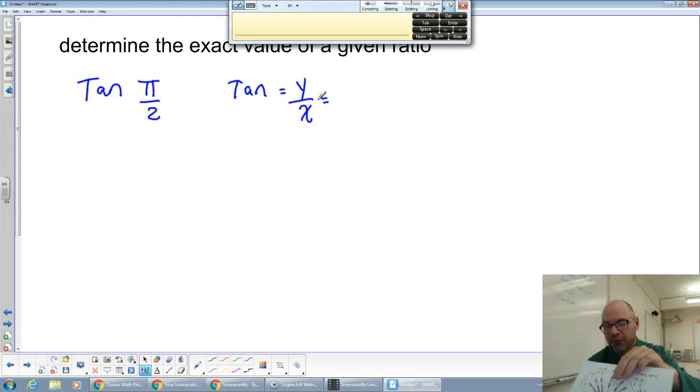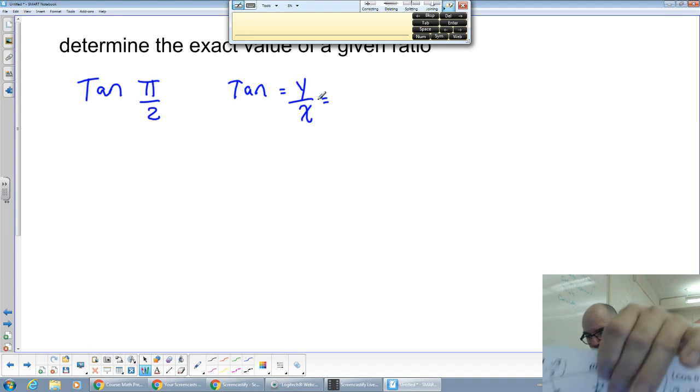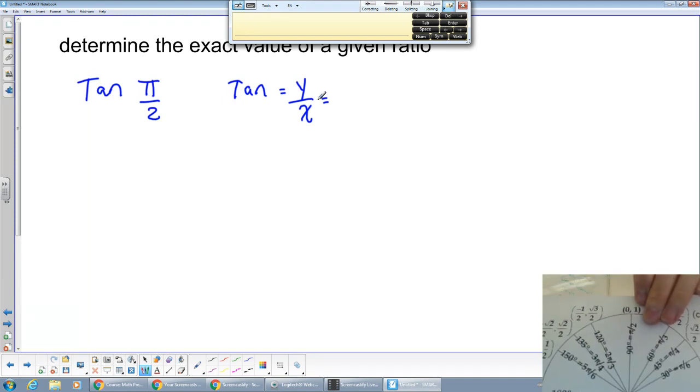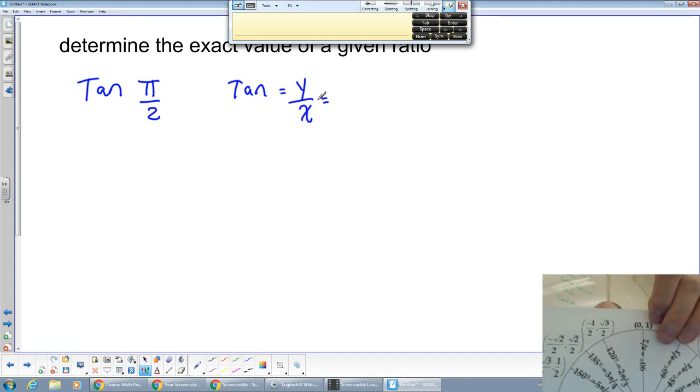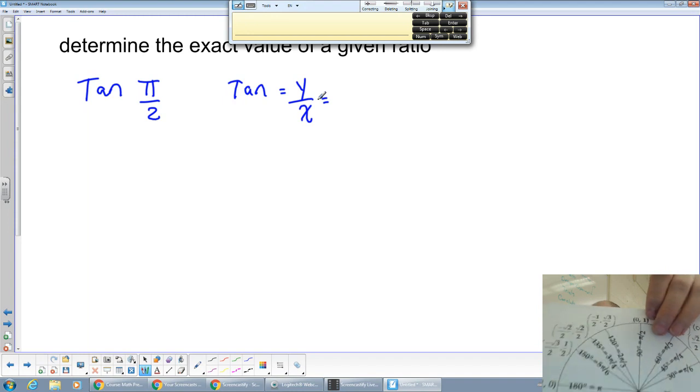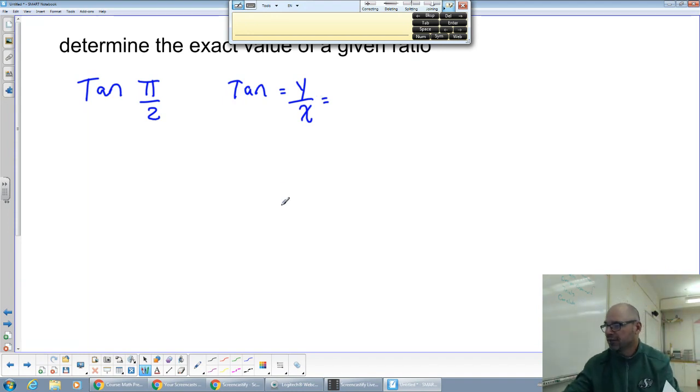So pi over 2 is right here. And we can see that right on that point, we've got 0 for x and 1 for y. So y equals 1 and x equals 0 from the unit circle. So this is undefined.